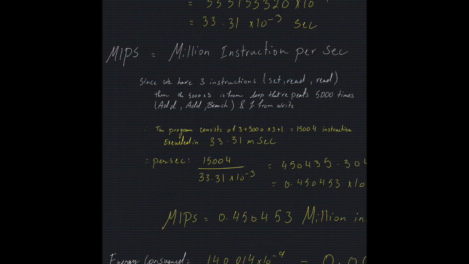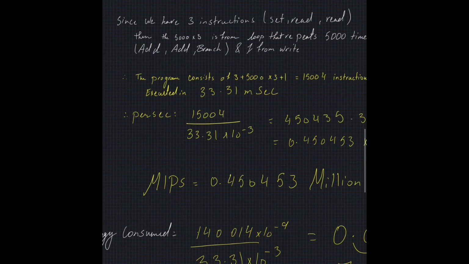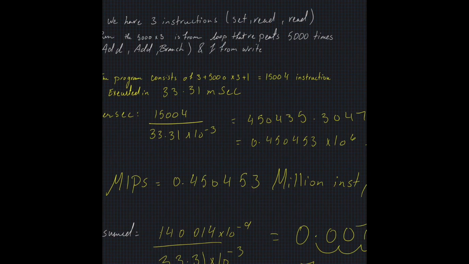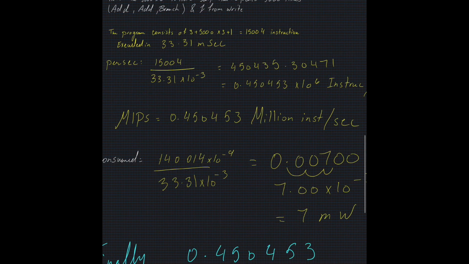Finally, MIPS stands for million instructions per second. Since we have 3 instructions, set, read, read, then the 5,000 will be multiplied by 3 from the loop that repeats 5,000 times, add and branch, and 1 from the write instruction.